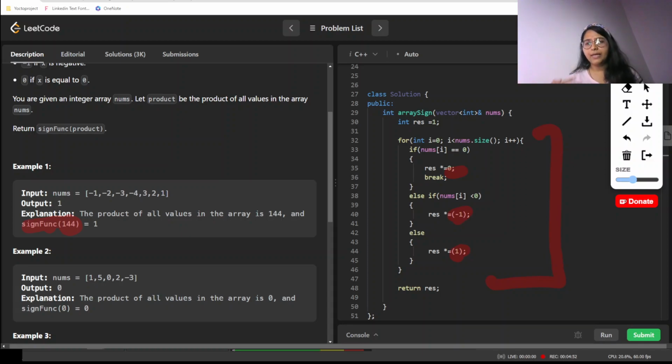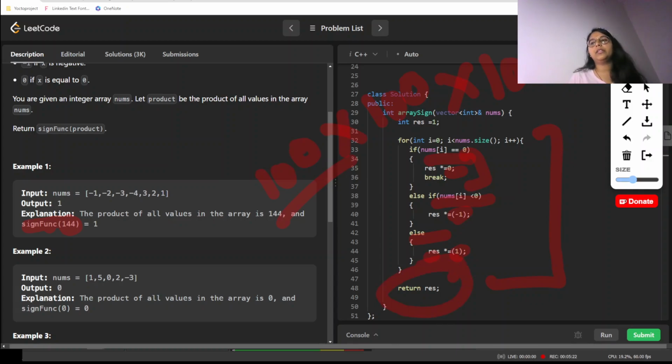Because if we start multiplying with the same, then surely we'll get a runtime error at some moment, because each number here can go up to 100, and if we multiply by 100 again and again, it will surely give us a runtime error. That's the reason I'm directly multiplying with 0, minus 1 or 1 according to these conditions. And at the end, we return the result.